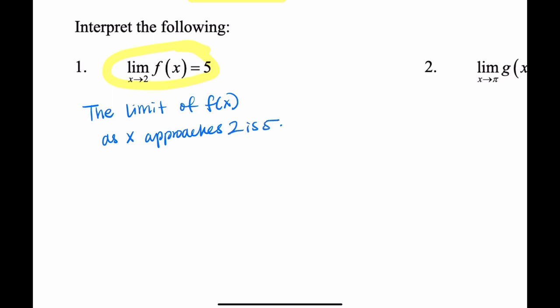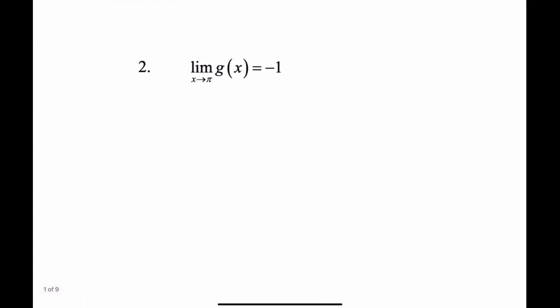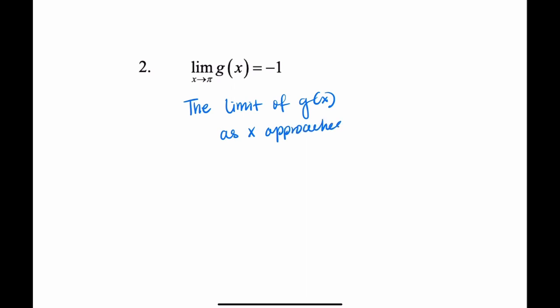Similarly for number 2, I can rewrite this limit as the limit of g of x as x approaches pi, and we know that pi is a number, is -1.